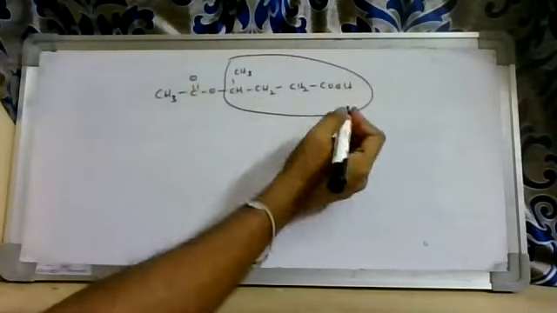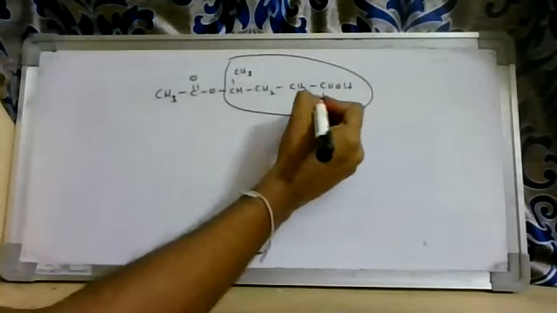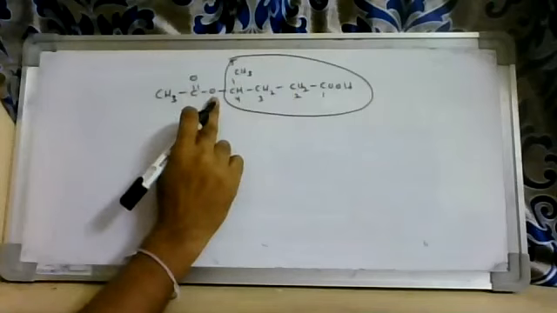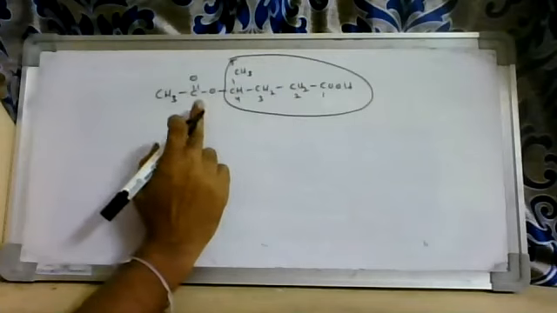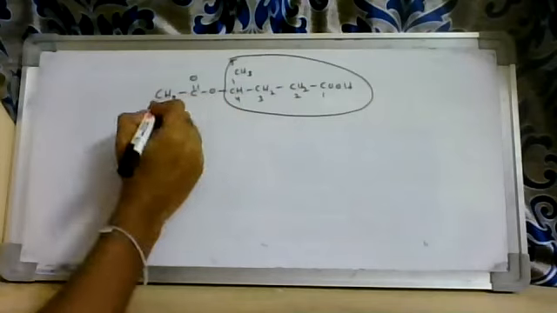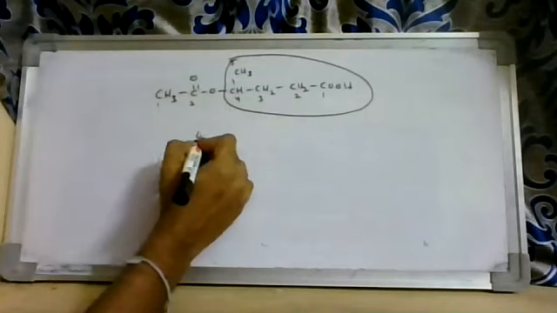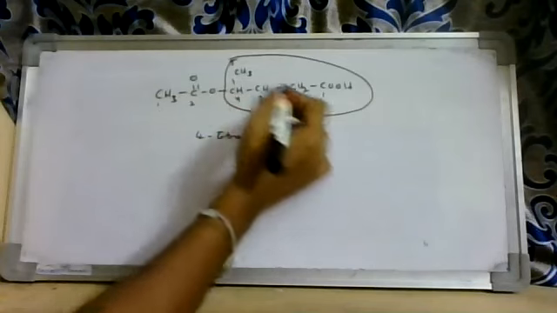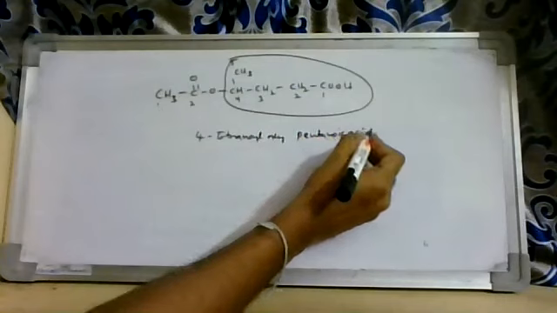Here ester is a substituent or prefix. Give numbering from the main functional group, 1, 2, 3, 4, 5. Here oxygen is directly attached to carbon, so the ester prefix is alkanoyl oxy. Here how many carbons? 2 carbons, so ethanoyl oxy, at the 4th carbon. So 4-ethanoyl oxy pentanoic acid. 5 carbons in the chain, so it is pentanoic acid.